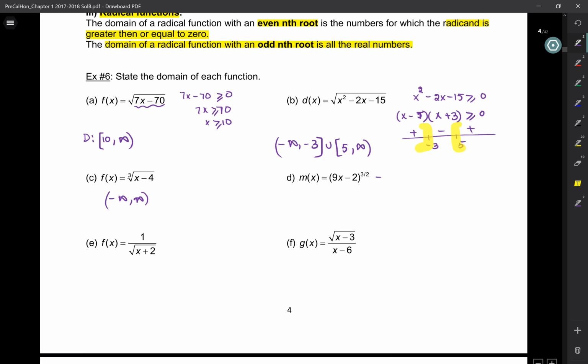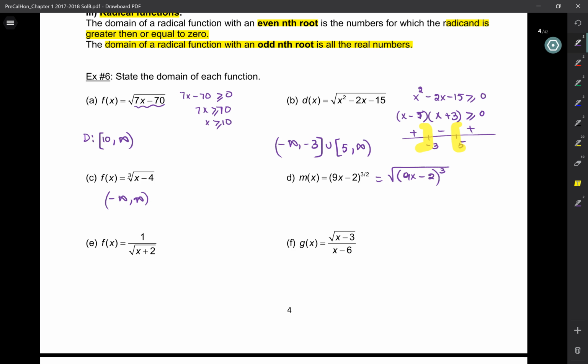Oh my, what the heck is this? To the power of 3/2? That's the square root of 9x minus 2, cubed. So, if you get a negative value for 9x minus 2, you cube it, you get a negative value.